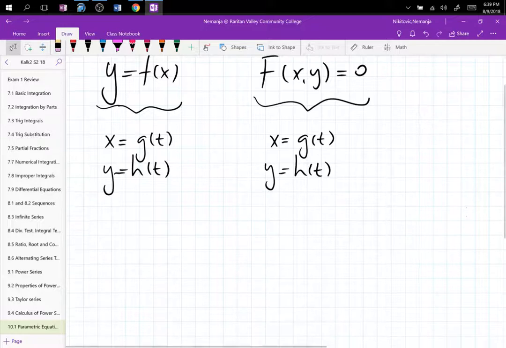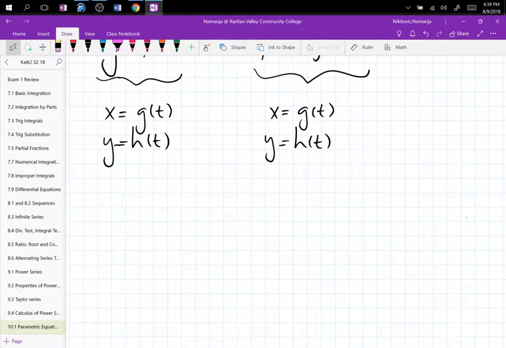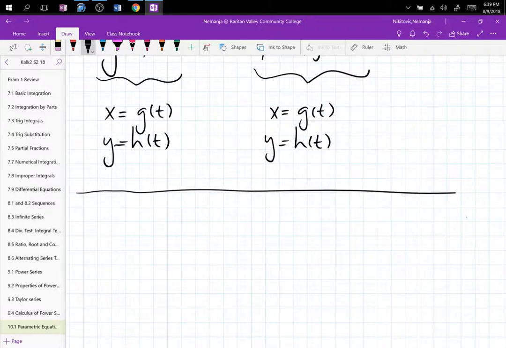Now, the introductory example is not something that you are actually using parametric equations for, because it is better if you actually use the function that you have. But it's a good way to illustrate what we are talking about. So y equals x squared plus 1.